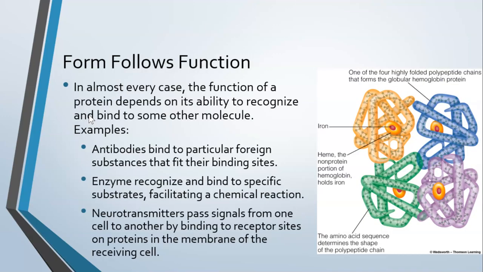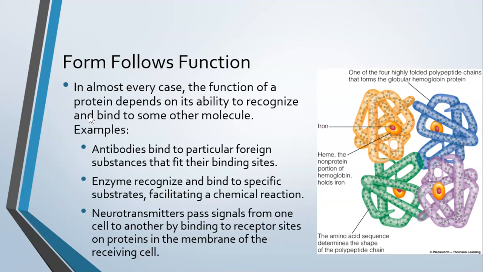And remember, form follows function. In almost every case, the function of a protein is going to depend on its ability to recognize and bind to some other molecule. Think about hemoglobin. It's got to bind to oxygen. Antibodies have to bind to a foreign substance, and each antibody is unique. That's why it takes a first contact of your immune system with a foreign invader in order to produce those antibodies.